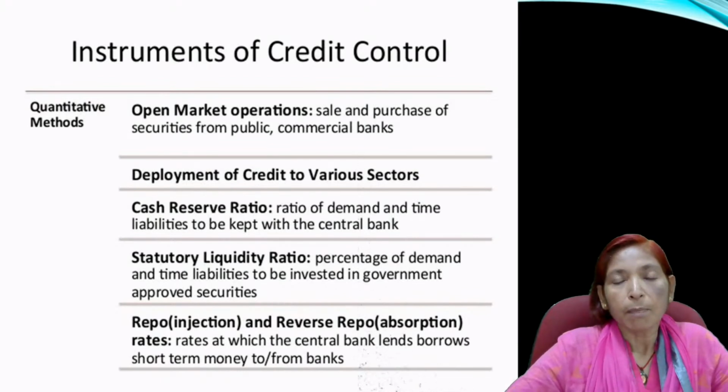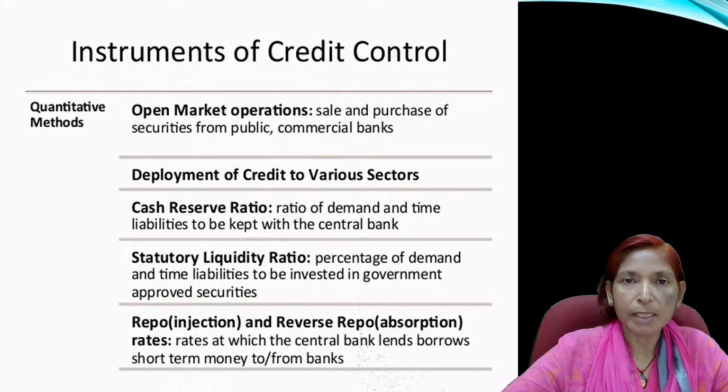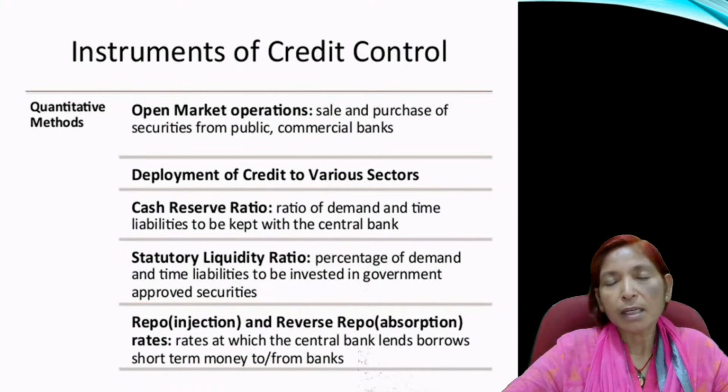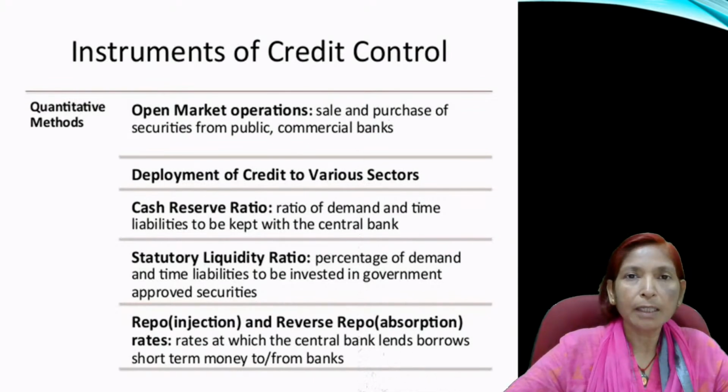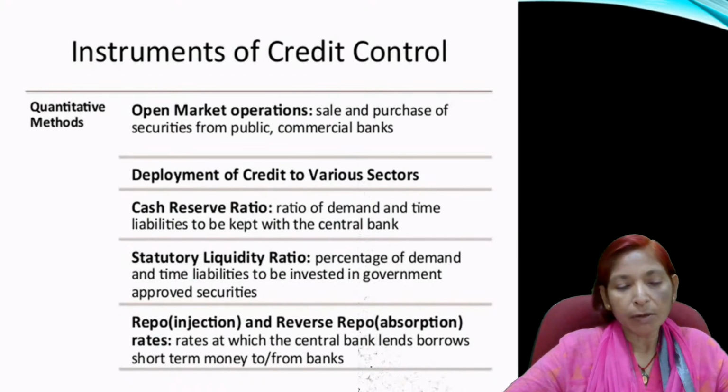In this case, the public will buy these securities like shares, bonds, debentures, which are paper title documents, known as financial investment. When people buy these securities from the RBI, the cash money from the people will go into RBI's hands.